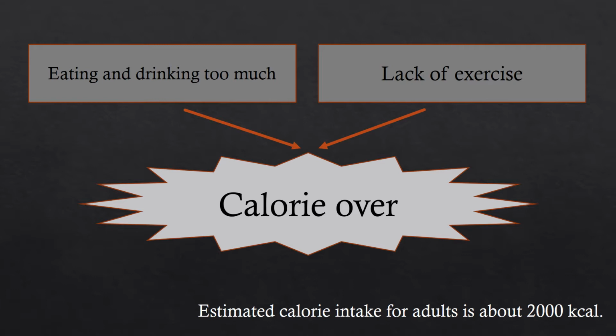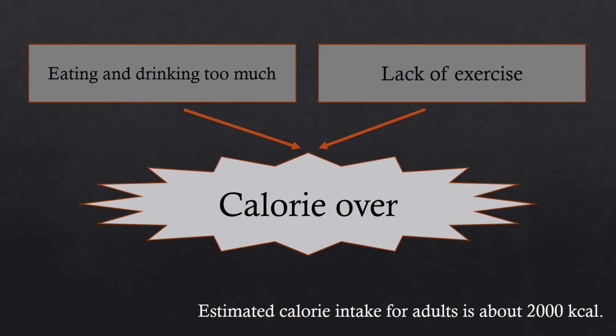One of the causes of obesity is that the body cannot consume calories. For example, excessive calorie intake by eating and drinking too much, and no calorie consumption due to lack of exercise. Even more so if both happen together.